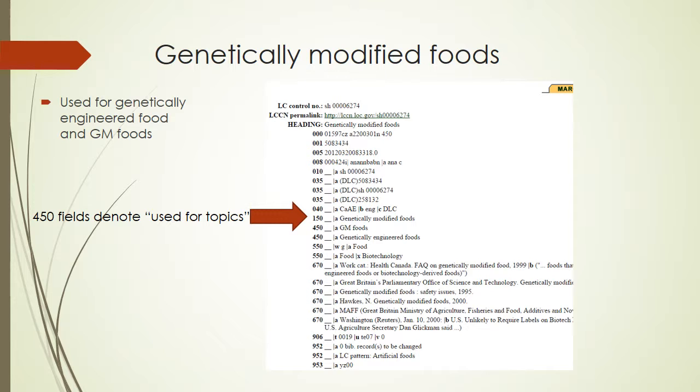If you had entered genetically engineered foods, it would say use genetically modified foods. Remember, we talked about see and see also references. The 550 field is a see also reference. Food biotechnology.